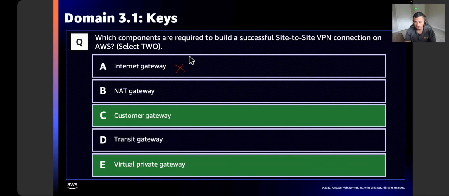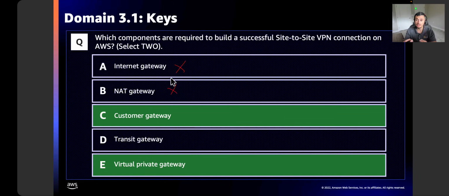Not the internet gateway. As we said, the internet gateway enables inbound and outbound traffic to the internet. Not the NAT gateway. So the network address translation gateway is required to enable indirect internet access to our private resources. So if we have private instances in our private subnets, how do we grant them access to the internet?